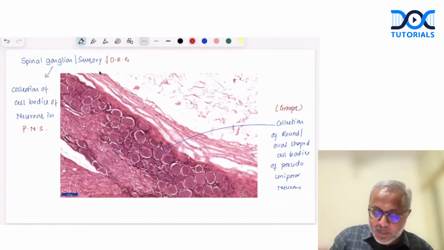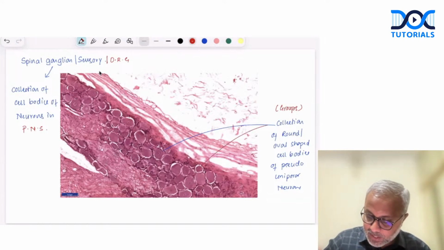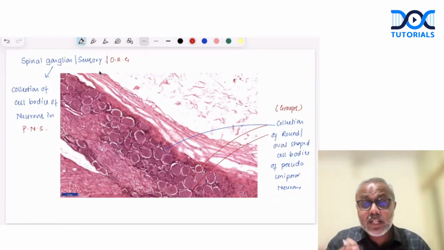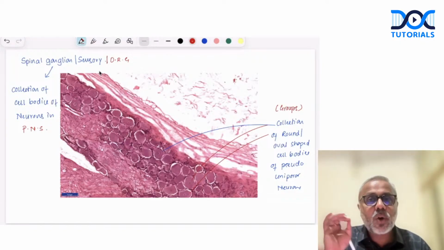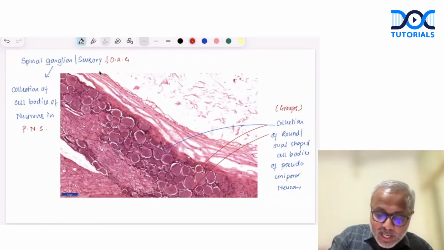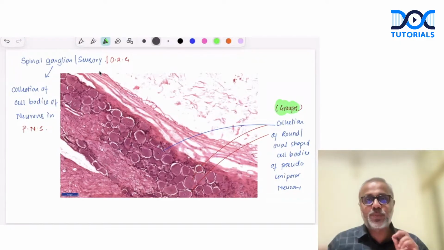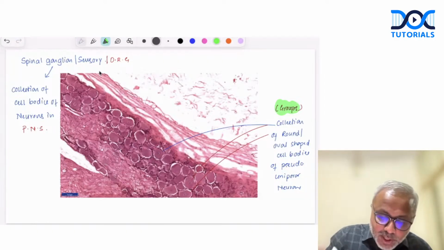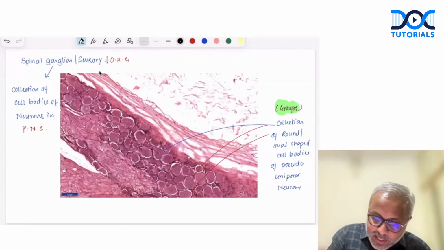So the one that I just marked is a cell body. Now this is a cell body. This is a cell body, right? All these are only cell bodies, and how do they appear? They appear either round or oval, and they are always found in groups. They're not scattered, right? Then the next important feature, I want you to take a look at this.